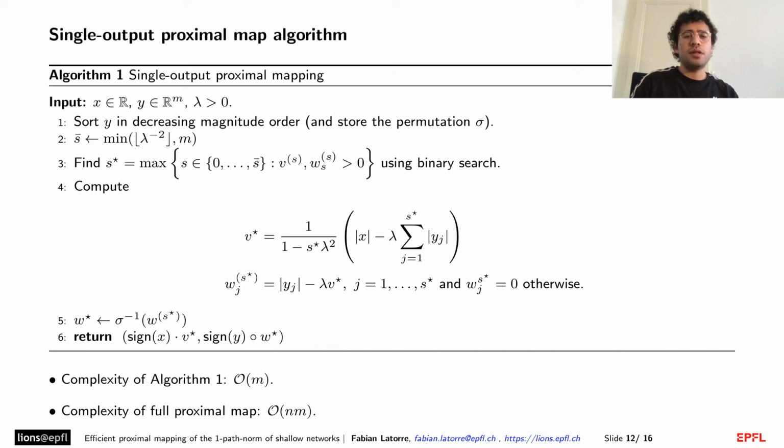The complexity of this algorithm is linear in the size of y. However, we must perform this procedure for each hidden neuron. There are m hidden neurons, so the total complexity of the proximal map computation is O of n times m, where n is the size of the input. This is the same complexity as backpropagation.